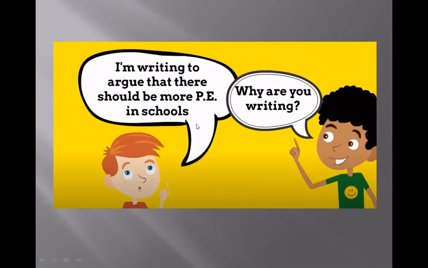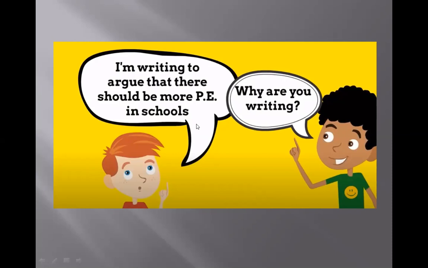Because this person is writing to argue that there should be more PE in schools, there can be two options. One is, like you said, writing to the staff of the school. Probably this should be written to the principal of the school, because it is the principal who will be able to decide whether they want to add more PE classes in school or not, right?